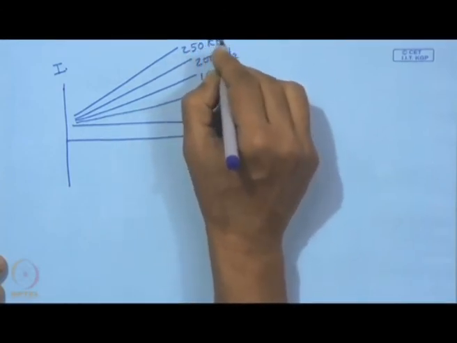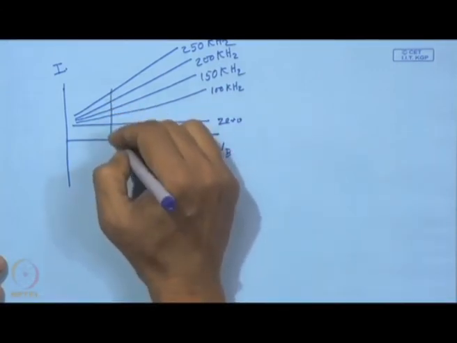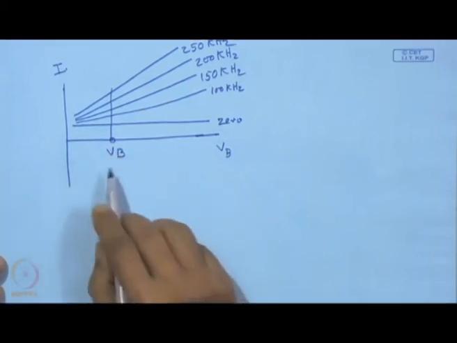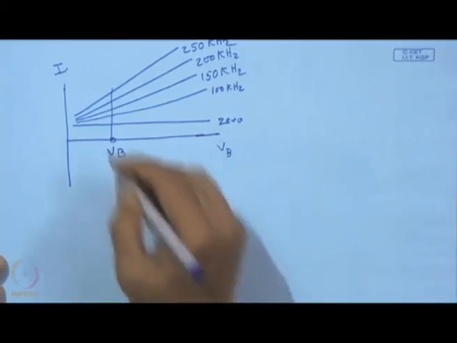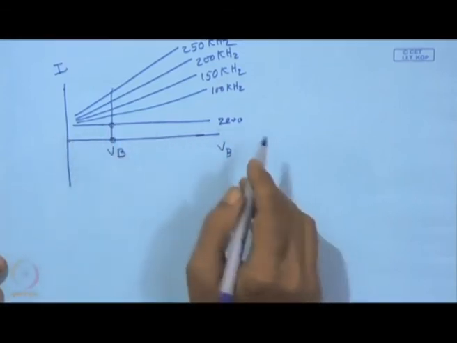That means, for one bias voltage, just for this VB, maybe it is 100 volt or somewhere around, with 0 frequency, this is the value which does not increase.